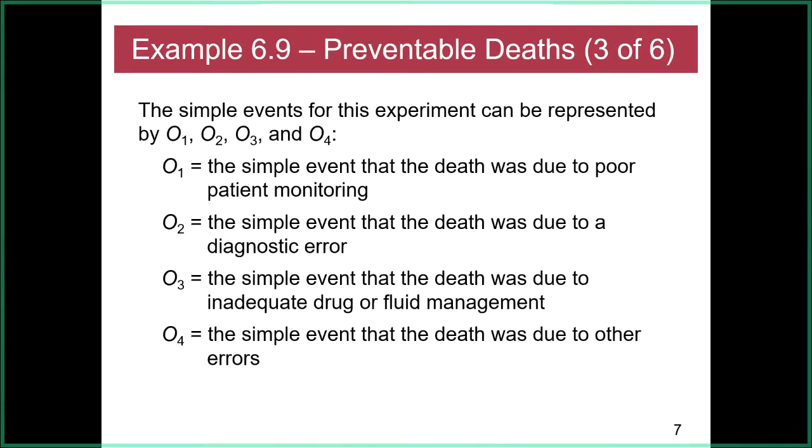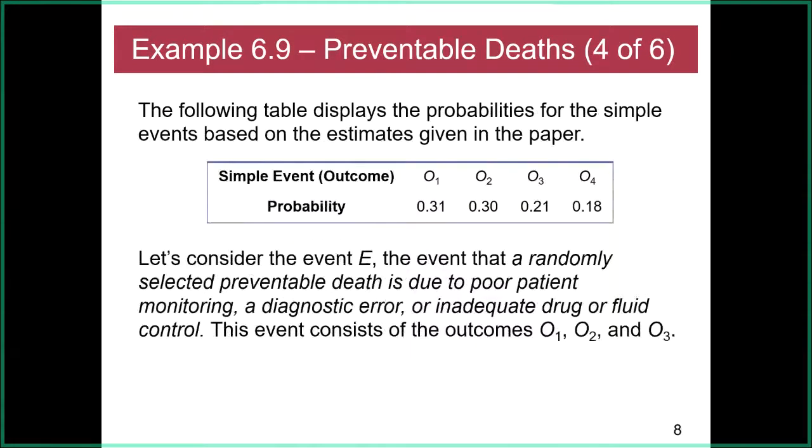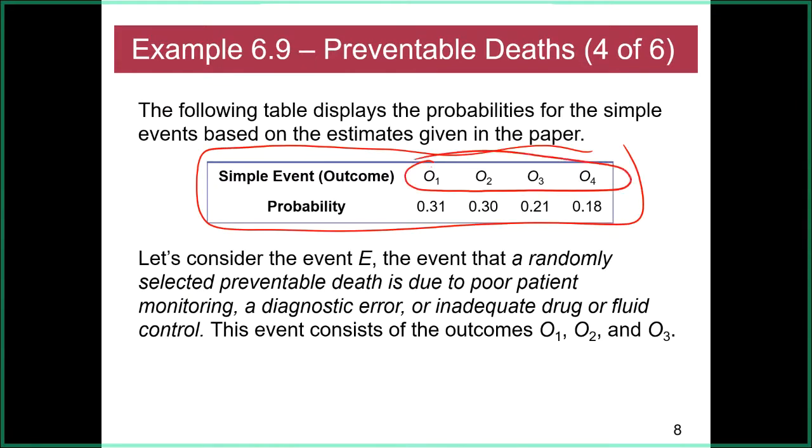So O1 is the error was poor patient monitoring, O2 was diagnostic, O3 was drug or fluid management, and O4 was something else. There's our table. This is called a probability distribution. It lists every possible outcome and its probability. Notice that again, that has to all add up to a total of 100% or 1.00.